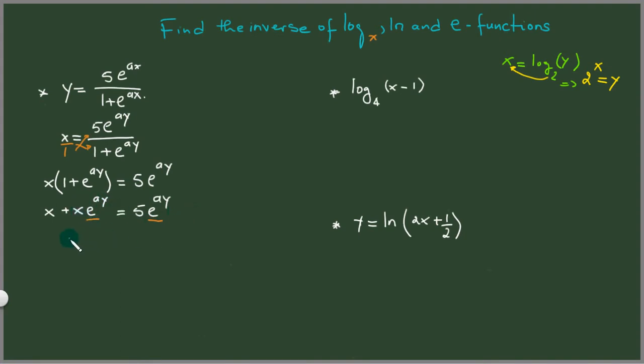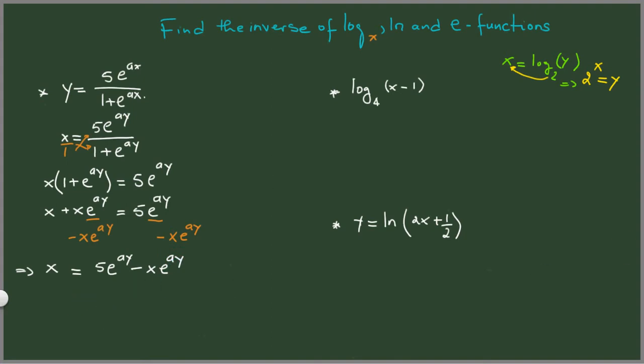It means that we make minus x e to the y here, and minus x e to the y here. So we have now x equals 5 e to the y minus x e to the y.